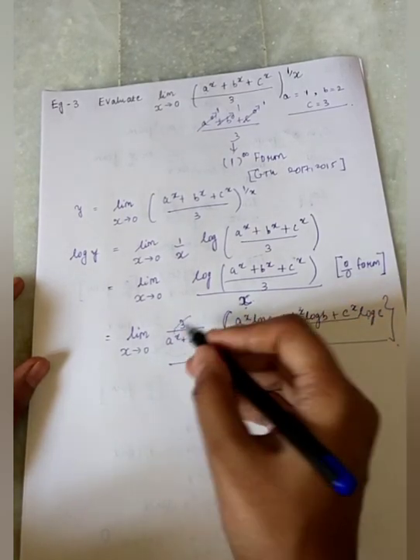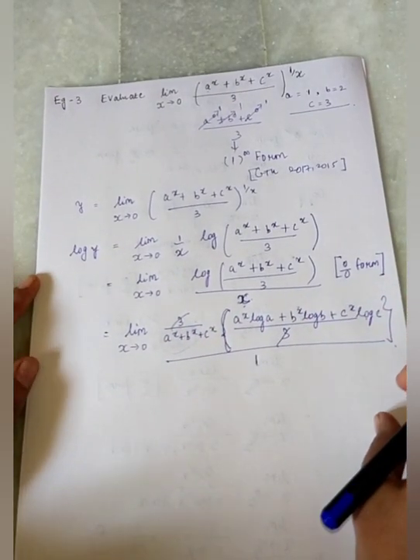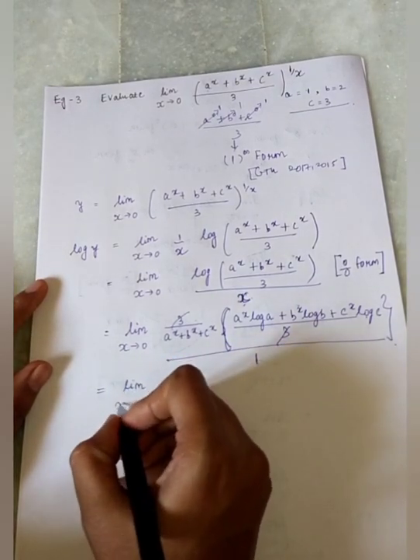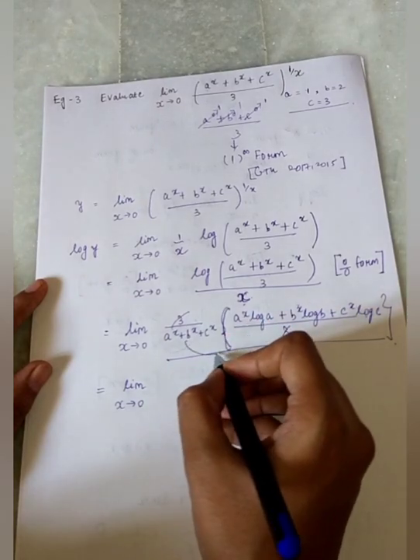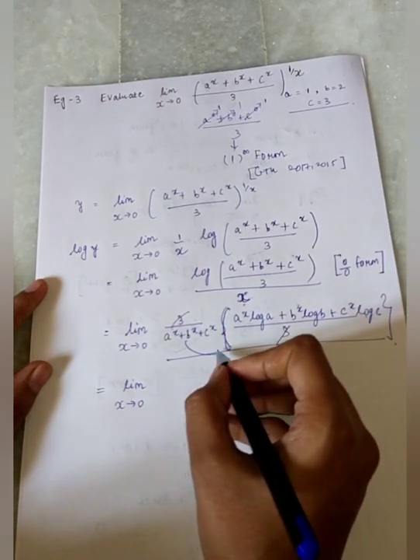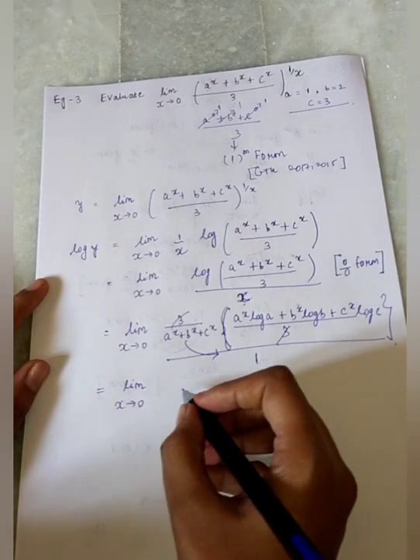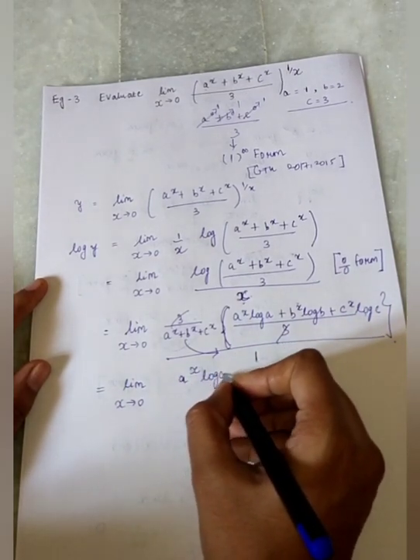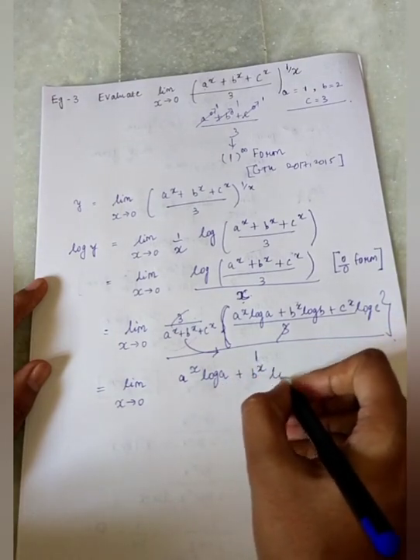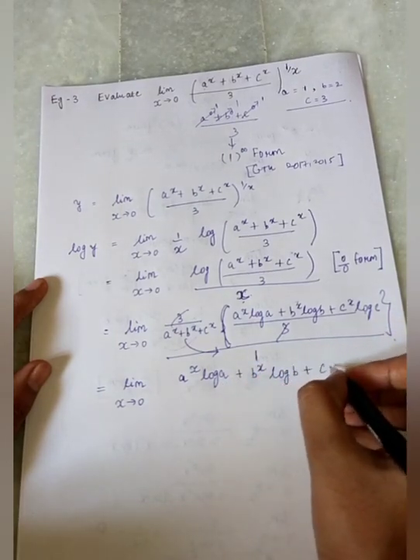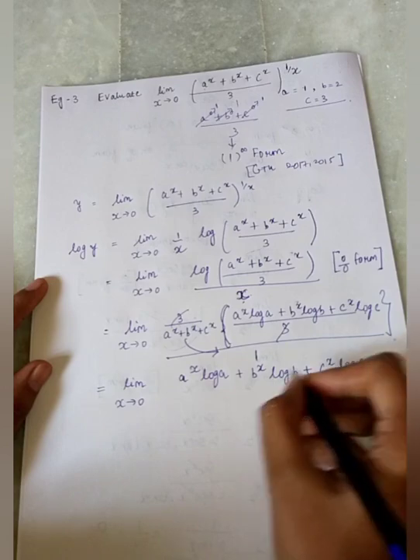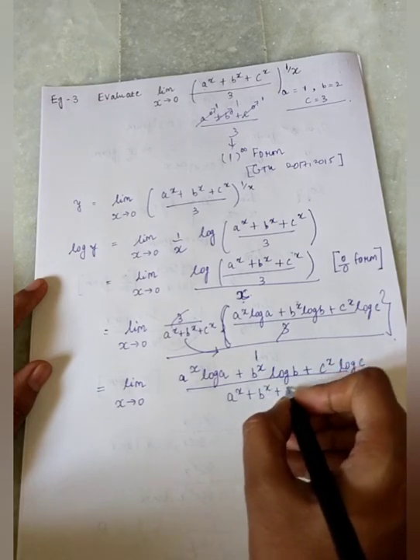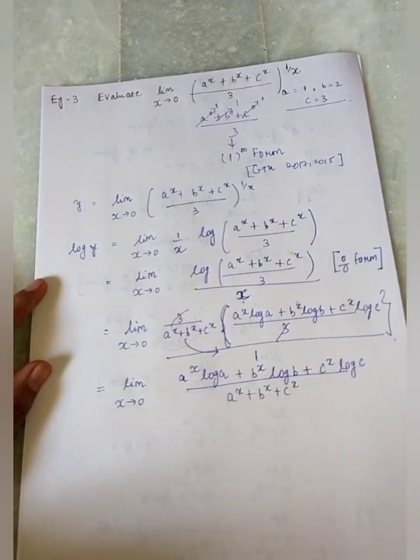Now this 3 and this 3 get cancelled. So we get limit x tends to 0, and this a raised to x plus b raised to x plus c raised to x will come into the denominator part. So we can rewrite this equation as a raised to x log a plus b raised to x log b plus c raised to x log c upon a raised to x plus b raised to x plus c raised to x.